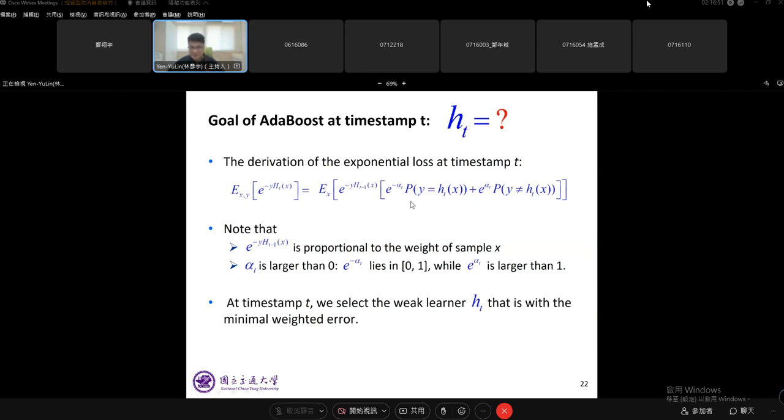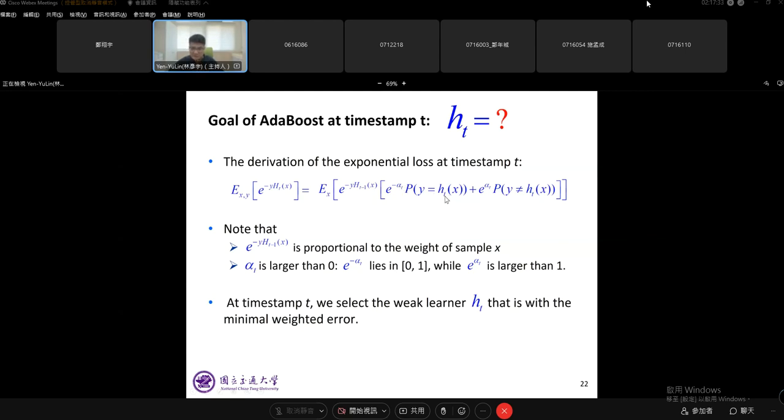Based on this equation, I want to specify the rationale of selecting h_t, alpha t, and the data weight distribution. First of all, let's consider the first step in the iterative boosting algorithm. We want to choose alpha t. Which alpha t should we choose? In this expression, this term is fixed. It is irrelevant to h_t, and for alpha t we can consider its value range.